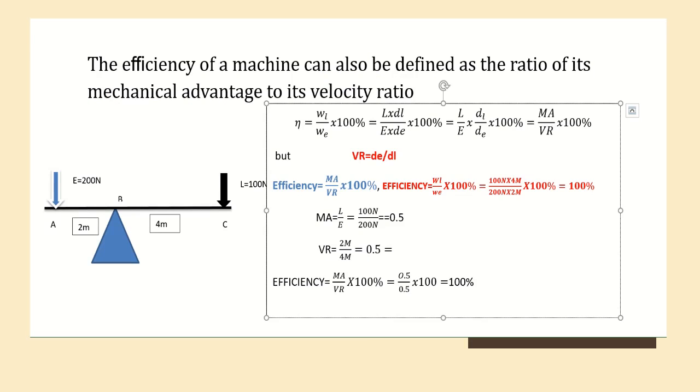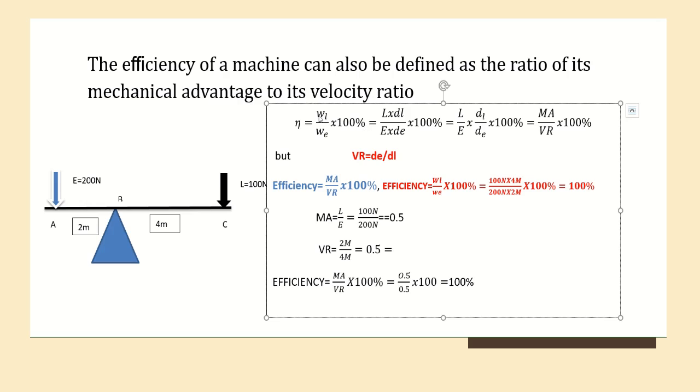The efficiency of a machine can also be defined as the ratio of its mechanical advantage to its velocity ratio. Now, what do we mean? And how is that possible? We said efficiency, what we have seen earlier, is equal to the workload over work effort times 100%.